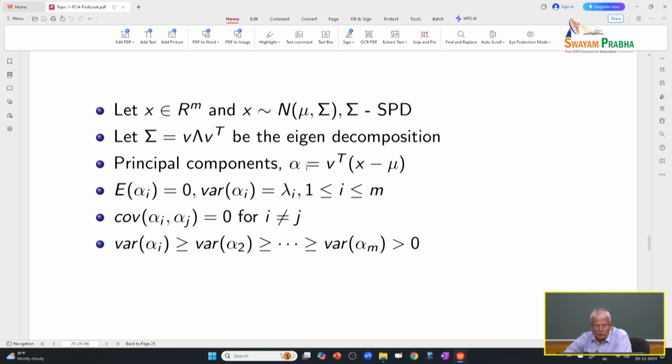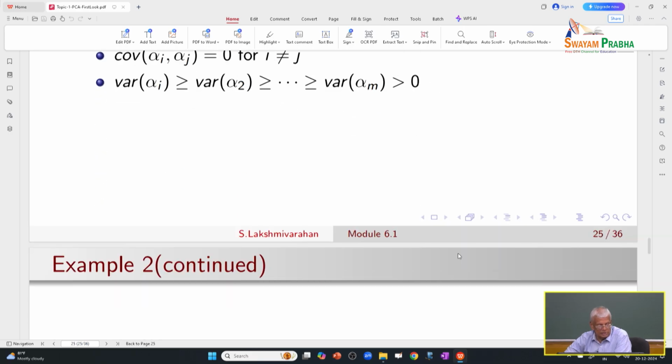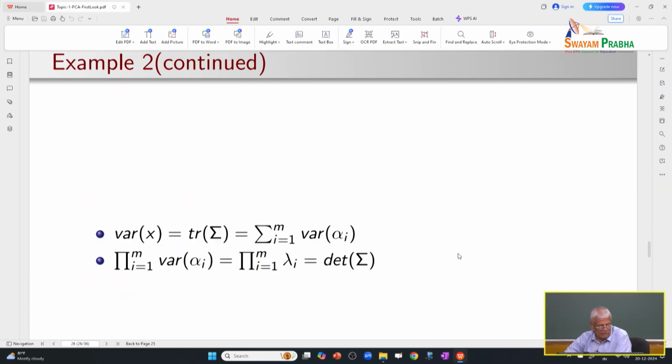I am going to transform: V transpose (x minus mu) is alpha. Verify E of alpha is 0, variance of alpha i is lambda i. The covariance of alpha i, alpha j is 0, and the variances of alpha 1, alpha 2, alpha 3 are decreasing as they should. So it's a very simple extension of the problem.